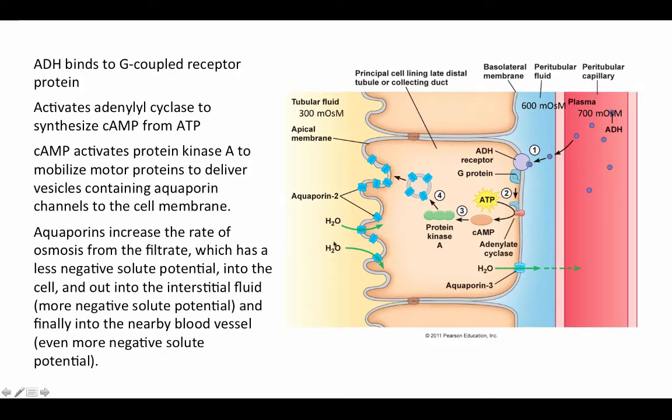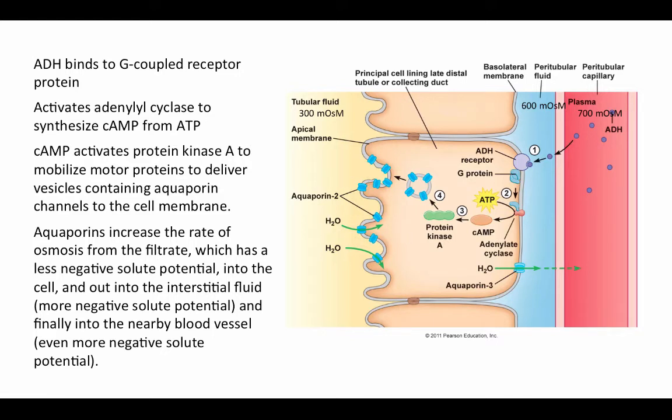So it's going to follow that solute gradient, that solute potential gradient from the urine in the tubule all the way out to the bloodstream. If there are a lot of aquaporins there, that's going to be the direction of flow of water. When there are fewer aquaporins, it's going to do this at a lower rate.